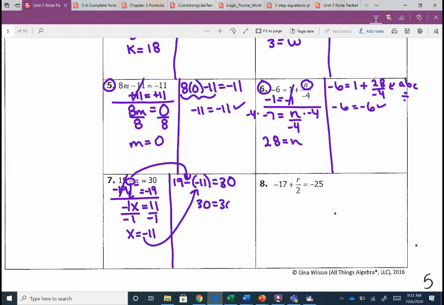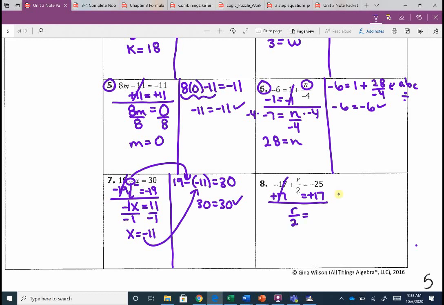Last but not least on this side, we have number 8. We need to undo that negative 17 first, so we're going to add. Remember, we want to do any adding or subtracting first, then we worry about multiplying and dividing. Negative 17, positive 17 gives me the 0 I need. Now again, I'm going to write down, I have r divided by 2 on the left, and I have negative 8 on the right.